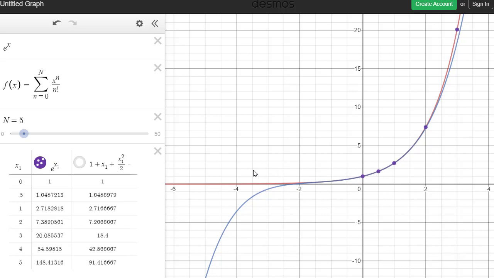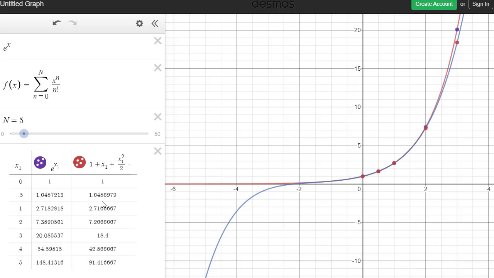Now if I plug 1/2 into my polynomial, it lands right on top of e to the 0.5. In my table, the actual e to the 0.5 is 1.648, and my approximation from my polynomial is 1.648.